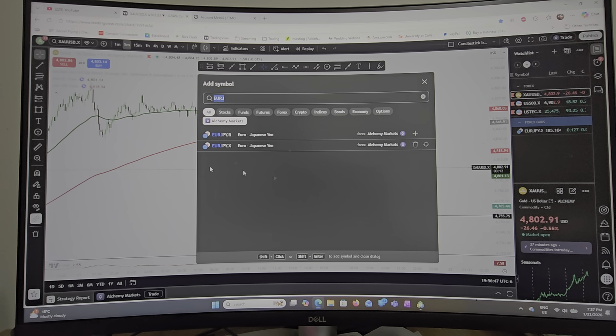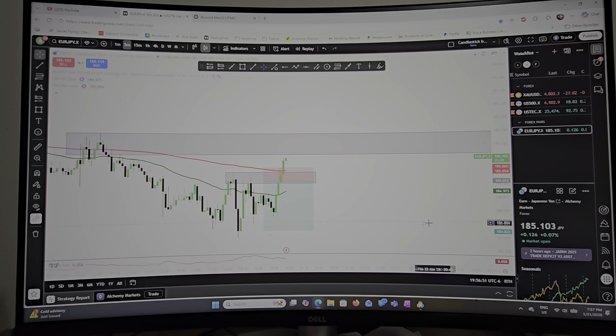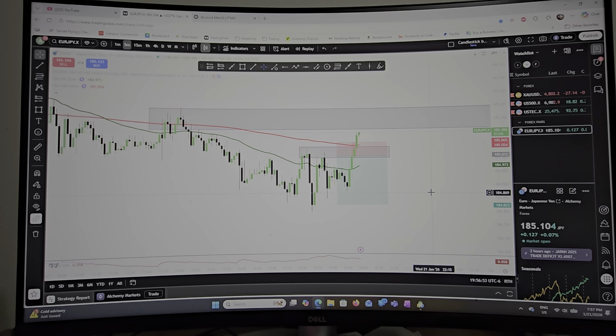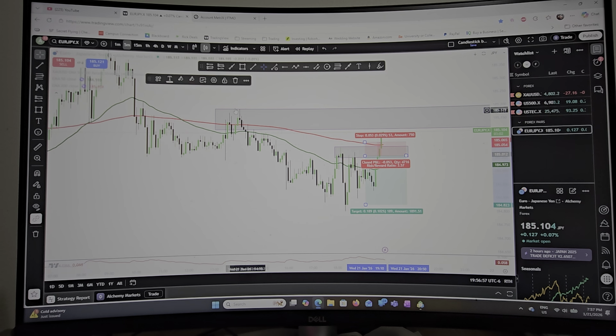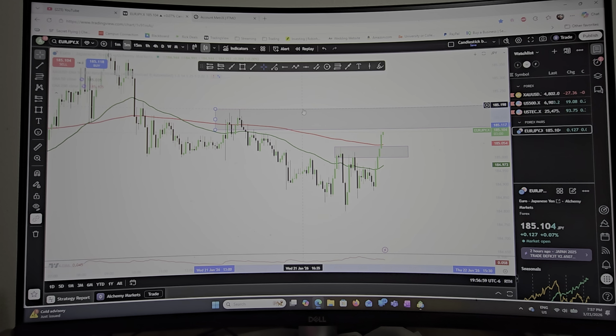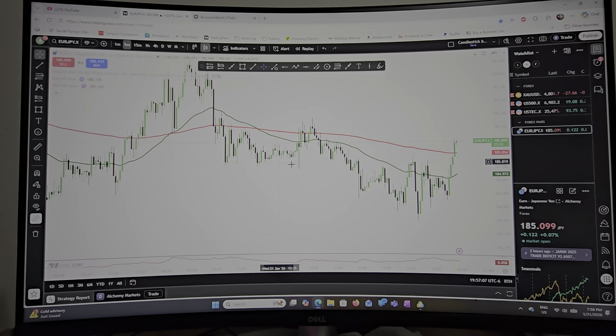There we go. Let's do the analysis on Euro JPY. So let's take this off. Okay, so as you can see, we were in a downtrend, making higher lows and lower lows.